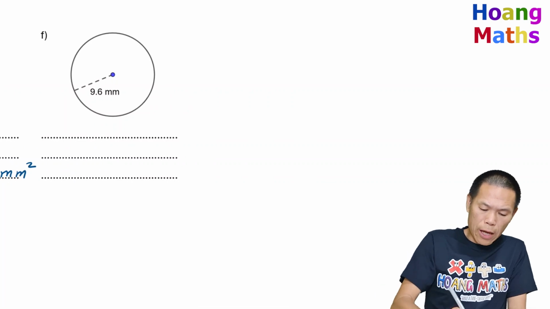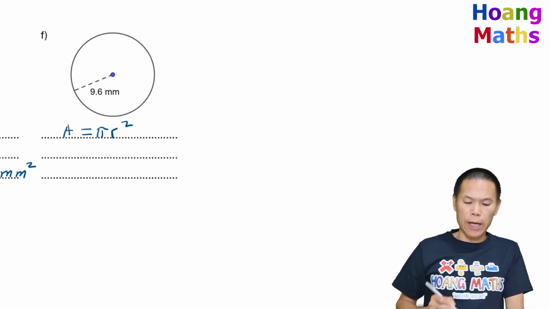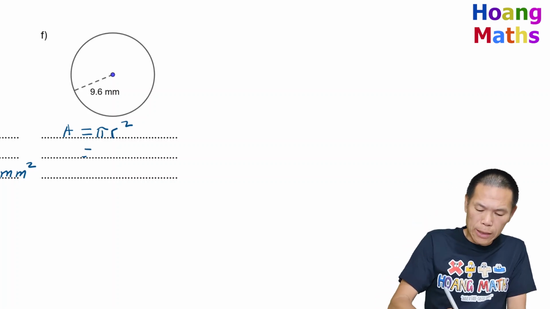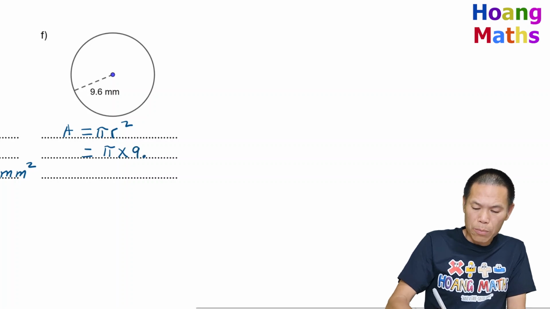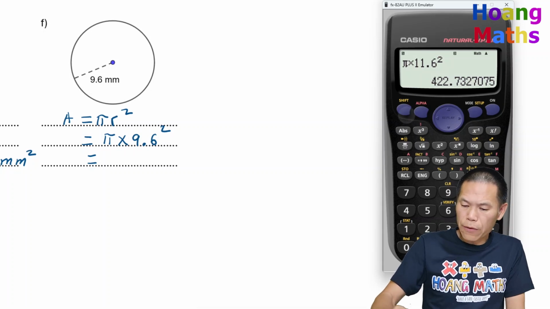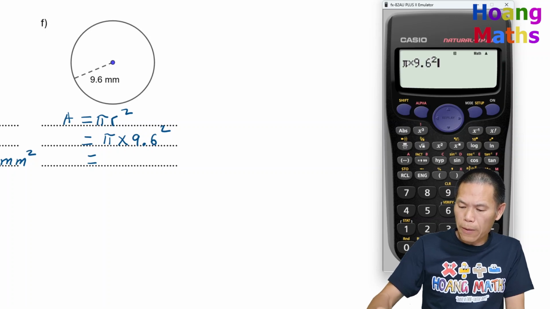Part F. We know that area is pi r square, and the radius is 9.6. So that is equal to pi times 9.6 square, that is shift pi times 9.6 square.